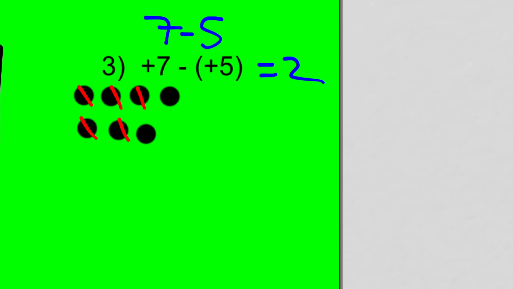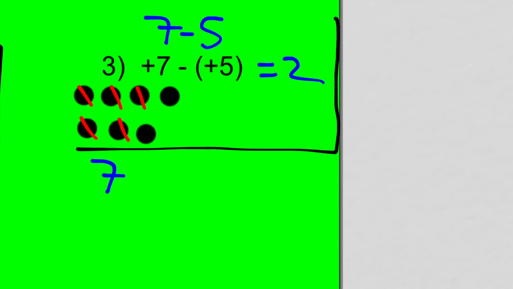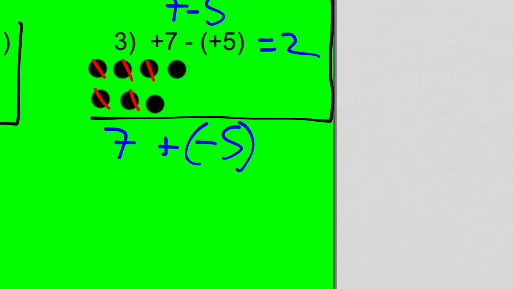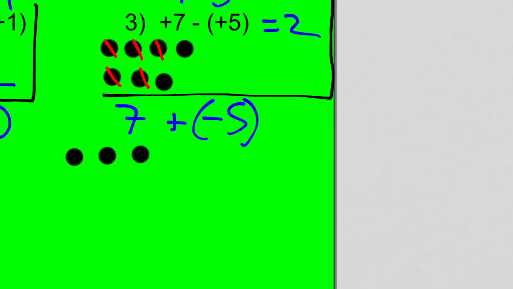Now, we also looked at the question through this lens. We said, what if we looked at it as 7 positives adding on 5 negatives? What answer would we get? Well, let's model that out. Here's 7 positives: 1, 2, 3, 4, 5, 6, 7. And here's 5 negatives. Add on 5 negatives: 1, 2, 3, 4, 5.